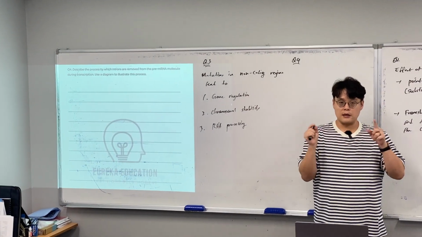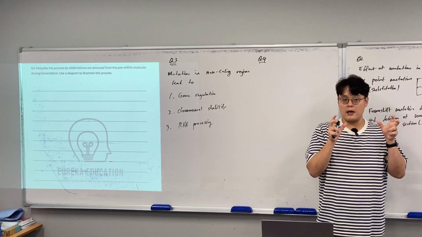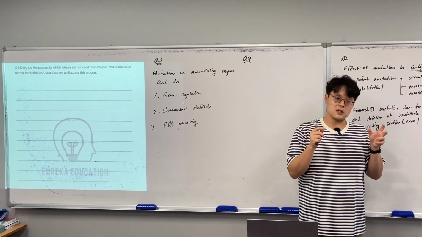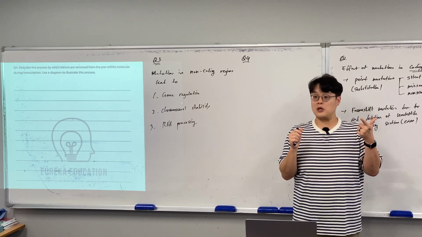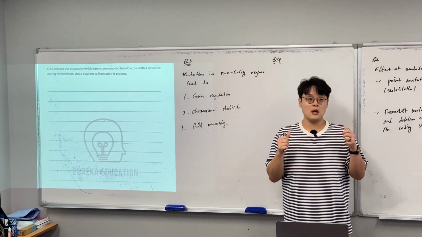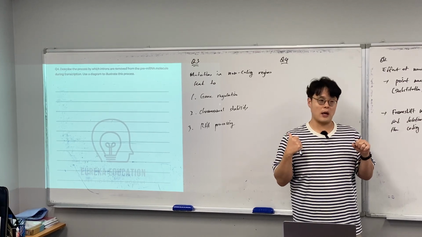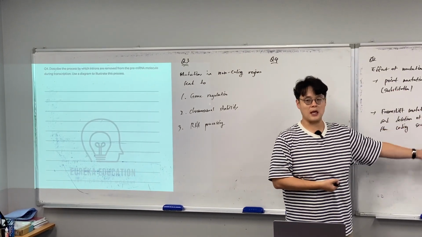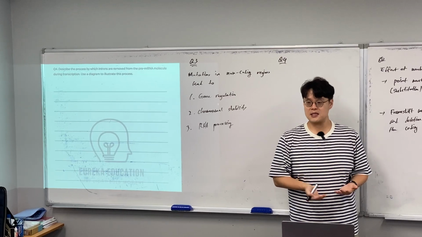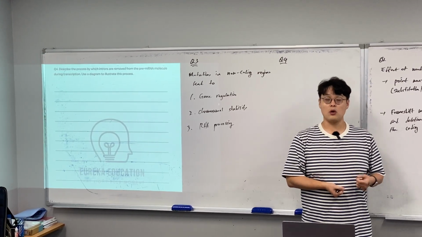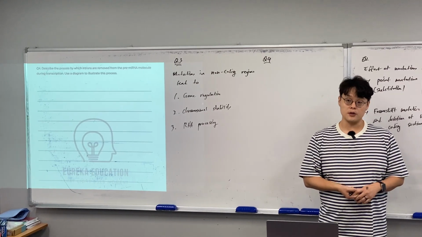But remember, as I emphasize, module 5 is the backbone of module 6. If you don't really understand module 5, including transcription, translation, and RNA processing, you will probably have a hard time understanding mutation, or why it causes that change in our polypeptide synthesis.